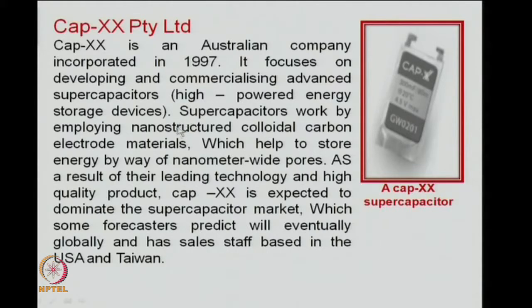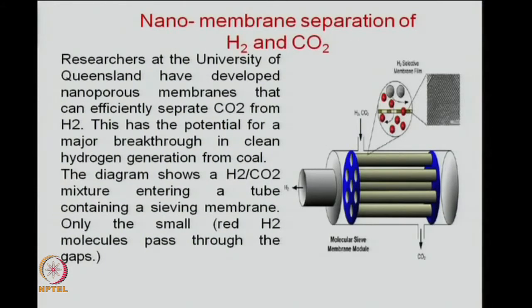This is one of the products which has been developed. Of course, other supercapacitors based on other oxide materials are also being made, and this is already in the market. So, this is another example of a product based on nanotechnology which is in the market.